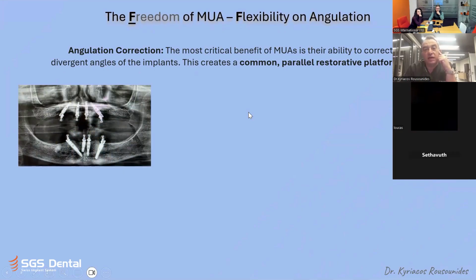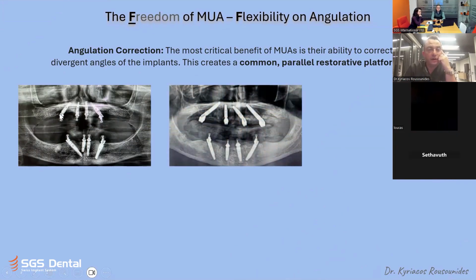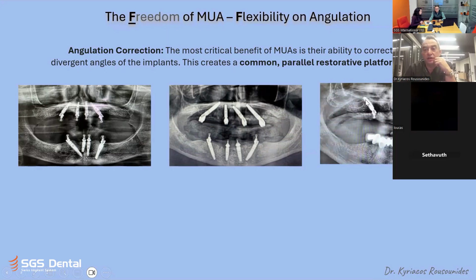Here we see some examples. This is an all-on-4 case in upper and lower jaw and how it's connected. The parts in the middle are all the multi-units that help us connect and parallelize the whole. These are two implants.